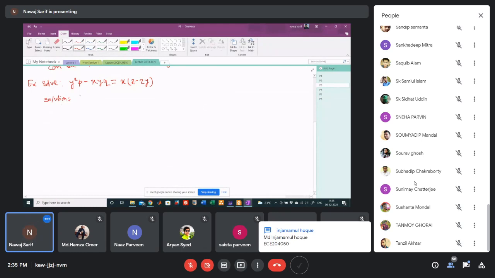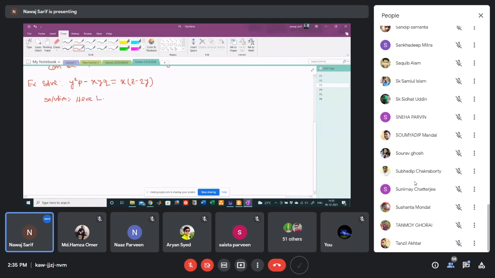Lagrange's auxiliary equations are dx by y square equals to dy by minus xy equals to dz by x into z minus 2y.